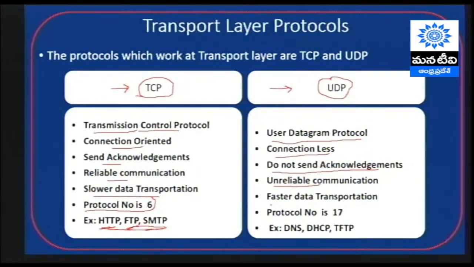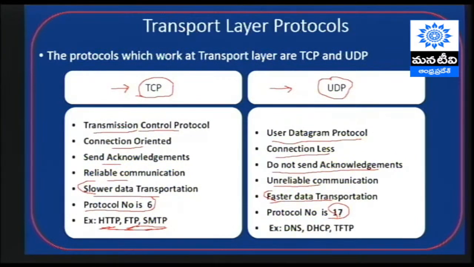The reason this data is sent faster is that we do not have to wait for the acknowledgement, so communication in UDP applications is much faster compared to TCP applications. The protocol number reserved for UDP is 17.